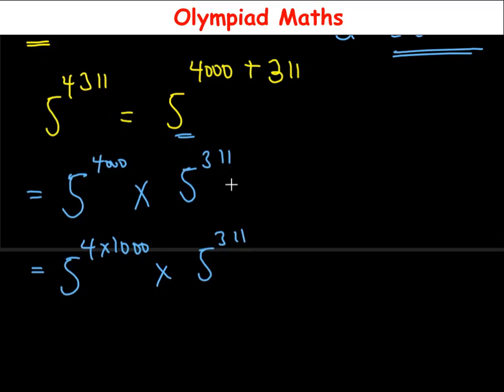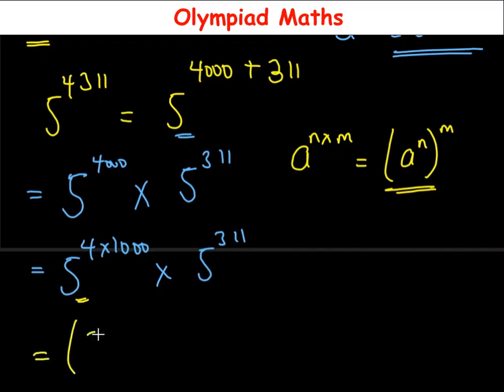At this junction, applying this rule that a raised to power n times m equals in bracket a raised to power n, power of m. Applying this right here, this becomes equal to, in bracket, 5 raised to power 4, all power of 1000, times 5 raised to power 311.